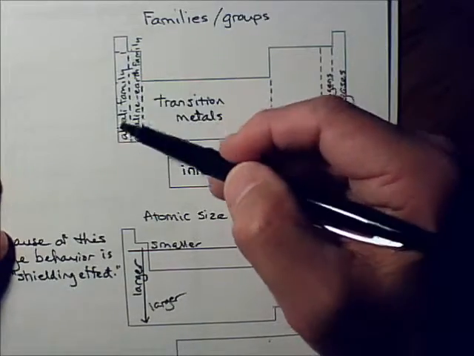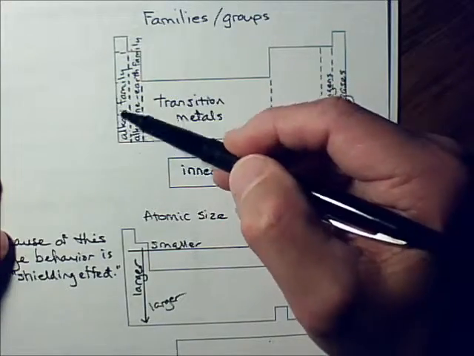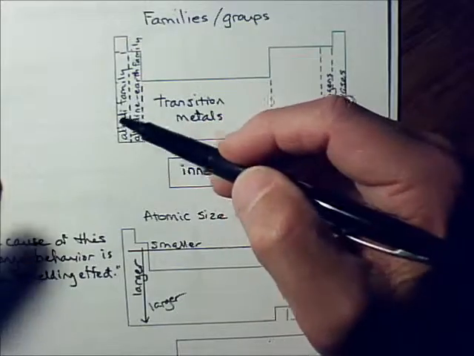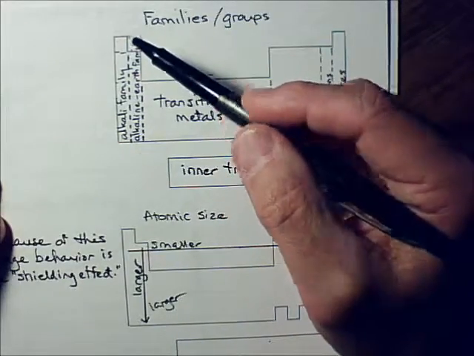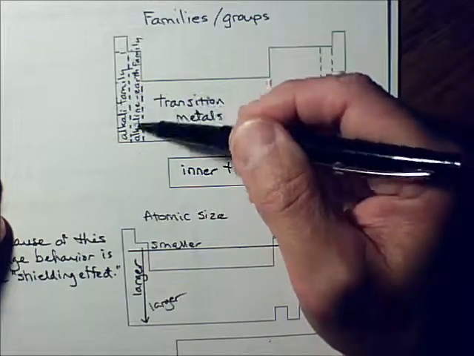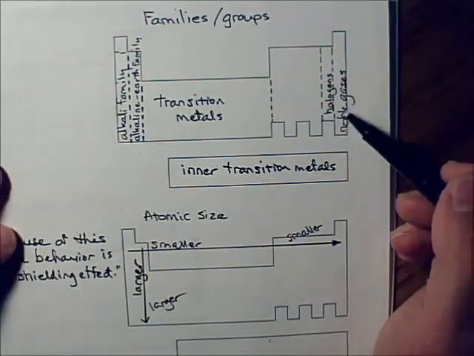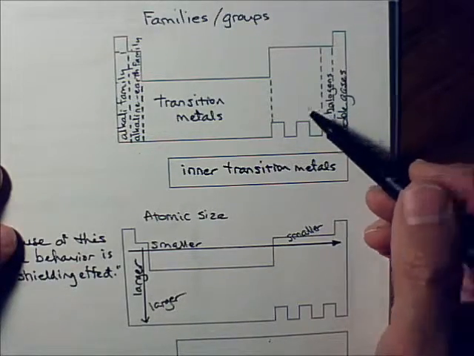We've got the alkali family in the first column, except hydrogen is not part of it, because these are actually metals here. And so hydrogen is not really a metal, so we treat it like it's not part of the alkali family, although it has some chemical behaviors that are similar. Alkaline earth family, or alkaline earth metals, here. Over here to the right, we've got noble gases on the far right. Halogens next to that.